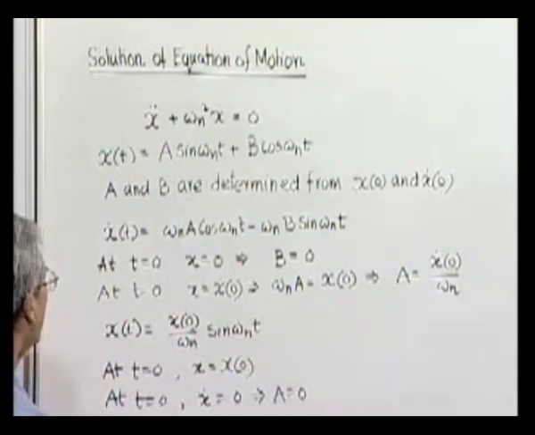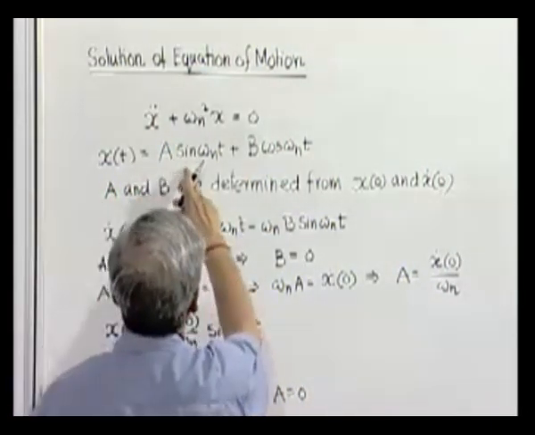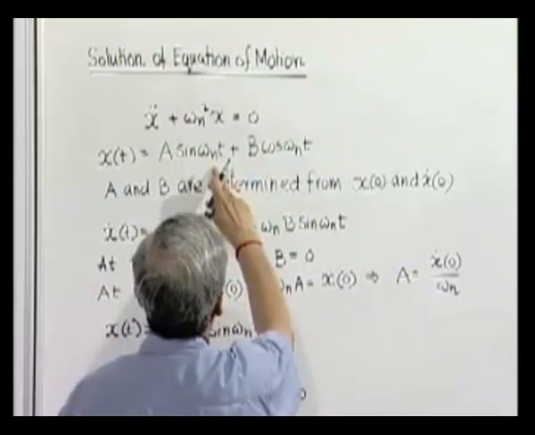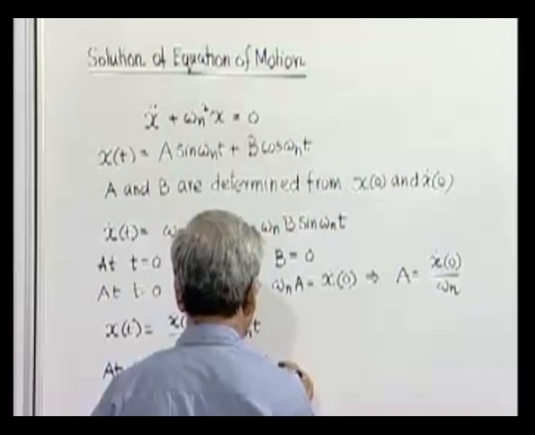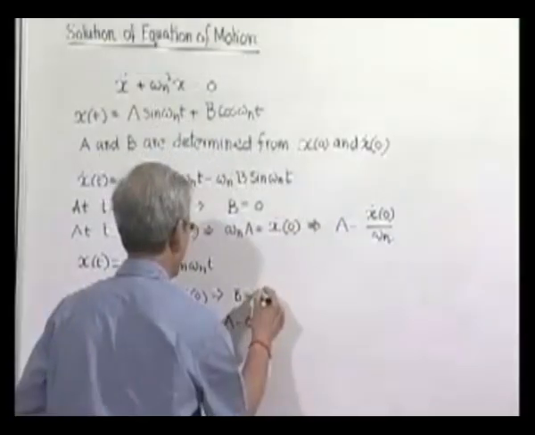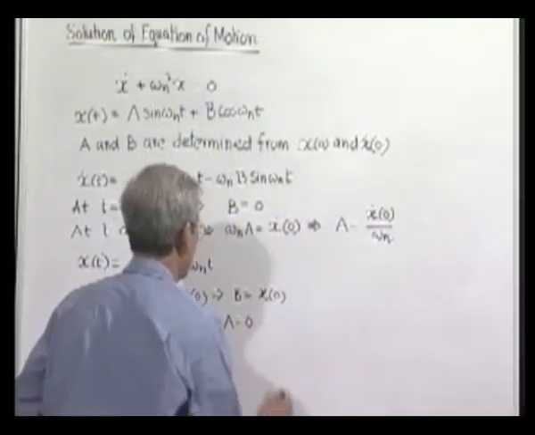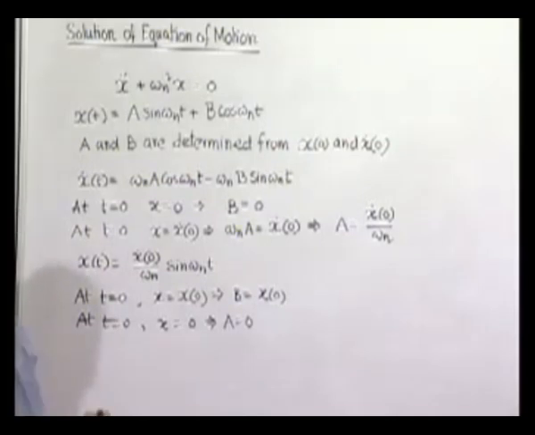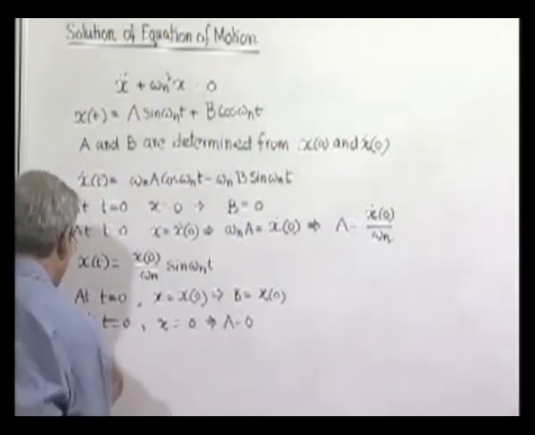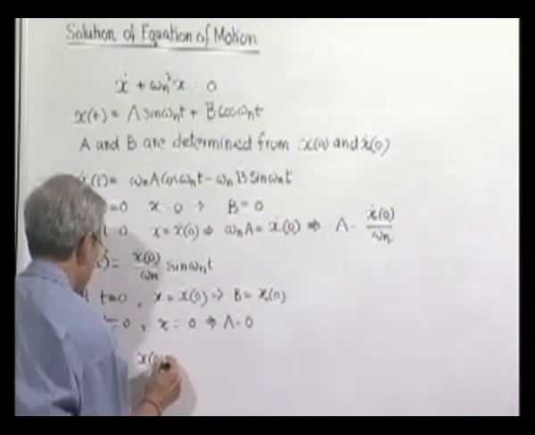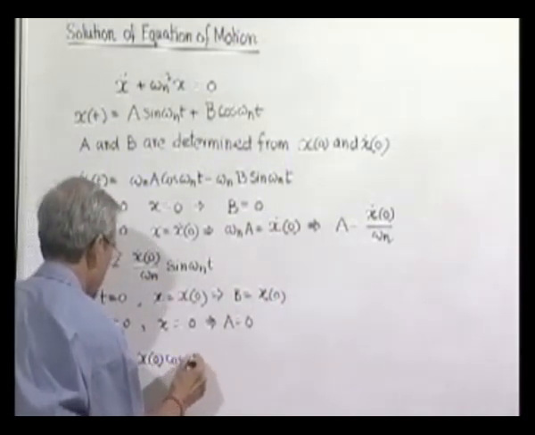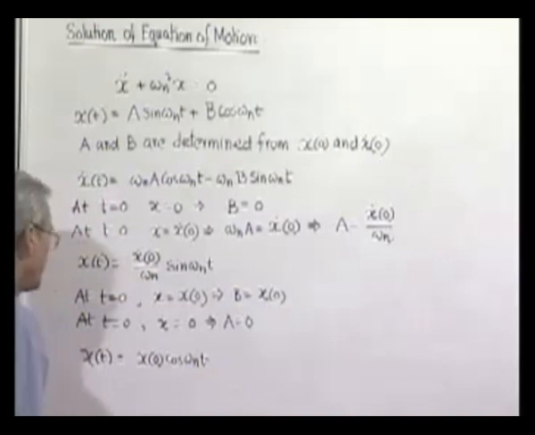If a is equal to 0, then if we put t is equal to 0, this goes and only b remains. B is equal to, so the solution in that case will be, so depending on the initial condition we can have the solution.